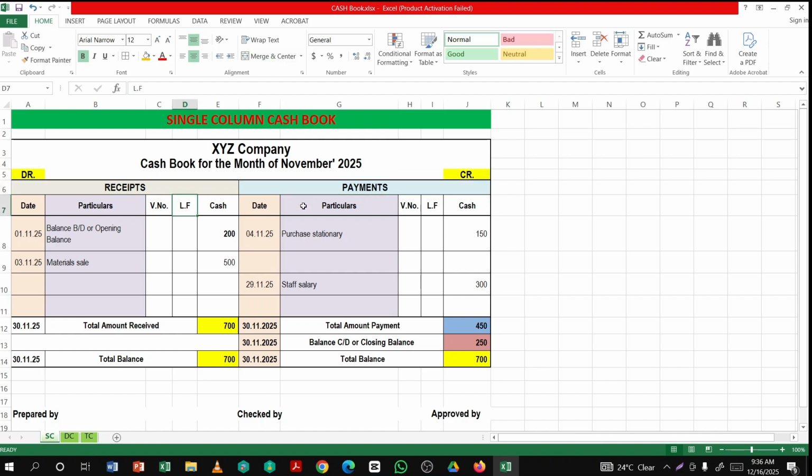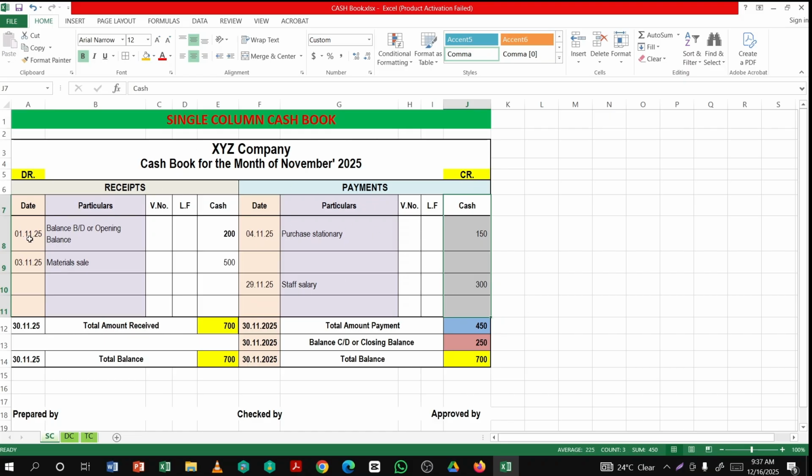In this format, on both sides we can see date, particulars, voucher number, ledger folio, and cash column. In the single column cash book format, there is one cash receipt column and another cash payment column. For that reason, it's called a single column cash book.